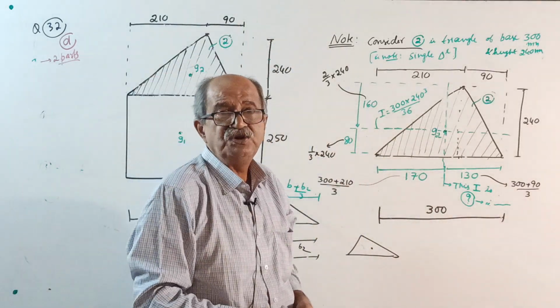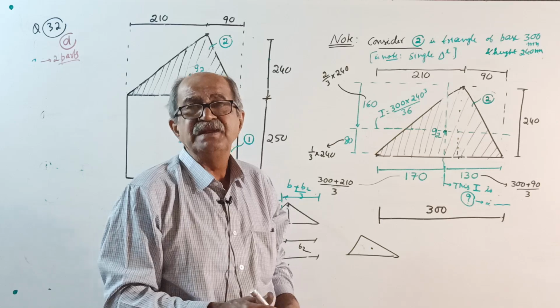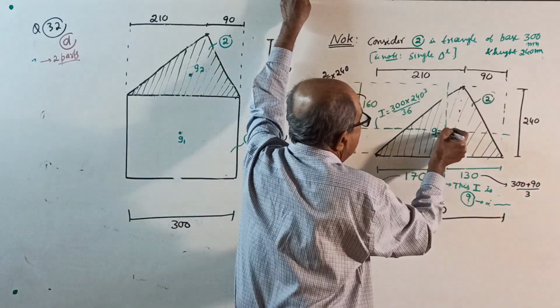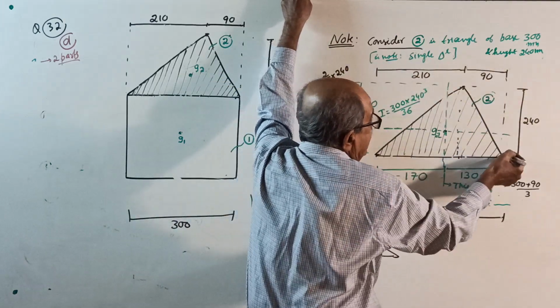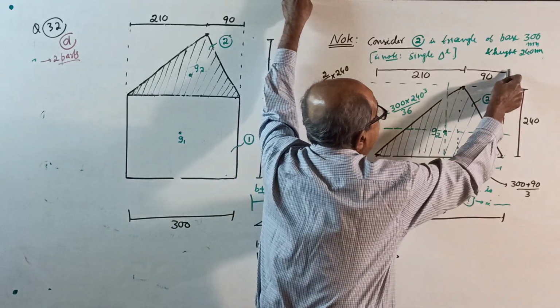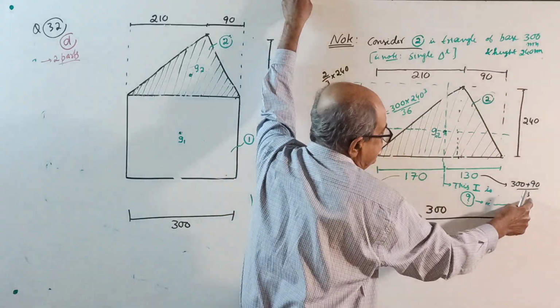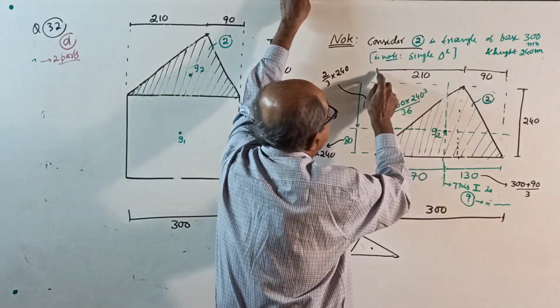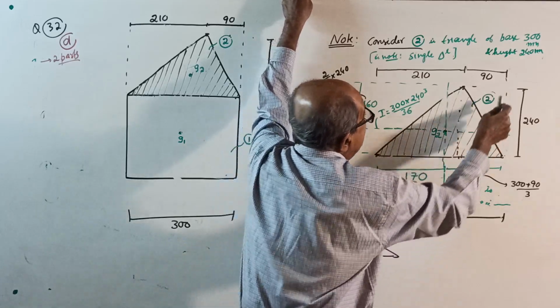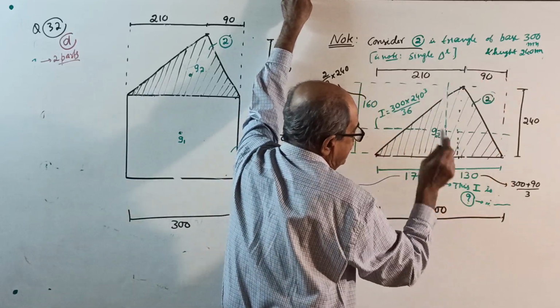When I selected the question, I saw that decimals are not coming. This is to understand. And if you want the distance from the centroid here, for the full triangle from there, it is the full base 300 plus this 90 by 3, which is 130. See, this is 210, this is 170. This is 90, this is 130.